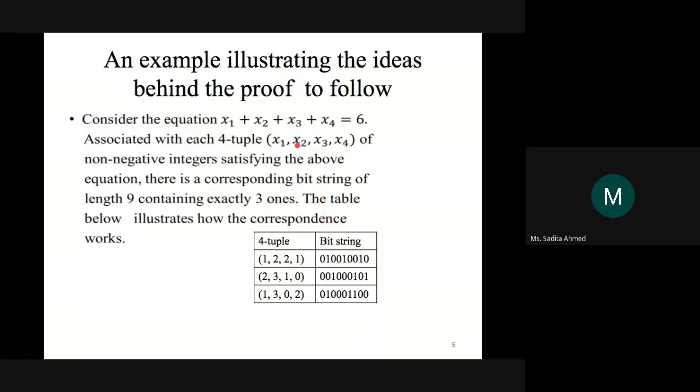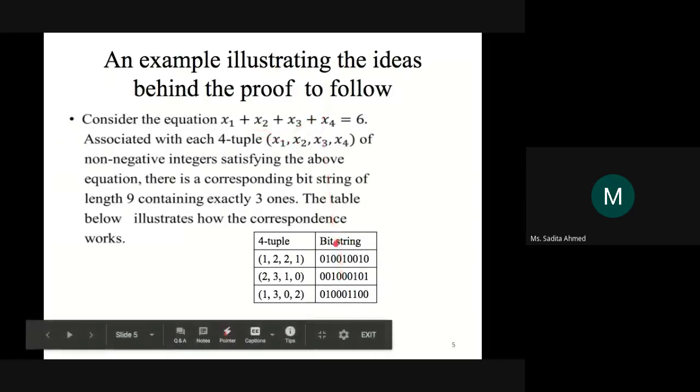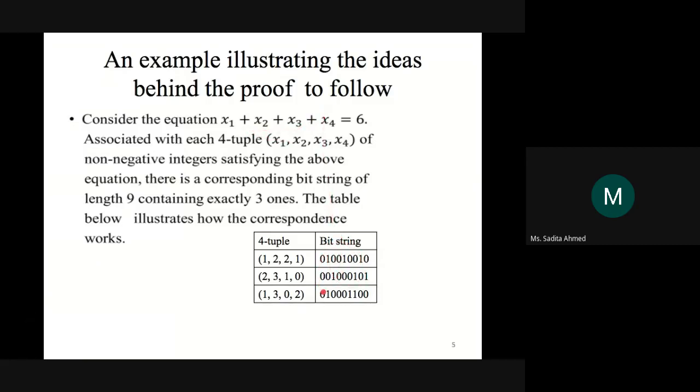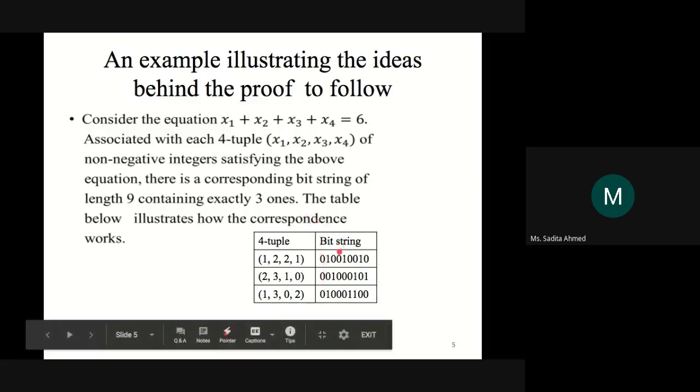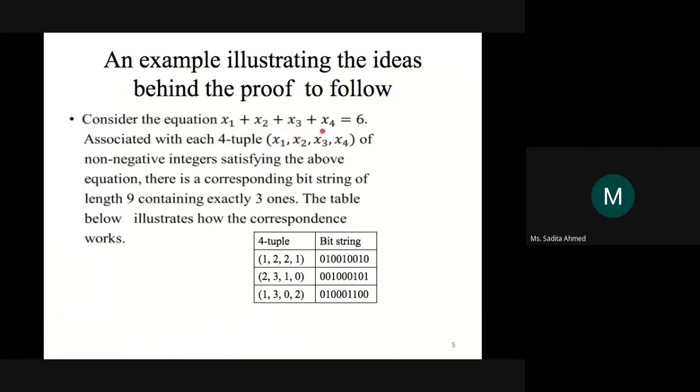If you have 4 x's, it will always be 3 partitions. And for 3 partitions in the bit string, you will always have 3 ones. So you will always have 3 ones to represent the partition between the zeros, which represent the value of x1, x2, x3, x4. Does it make sense, guys?